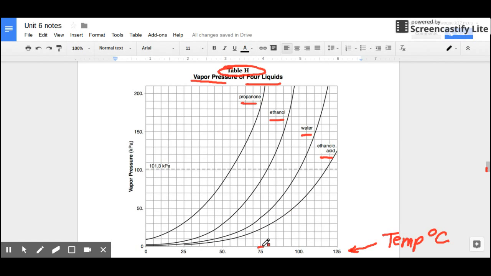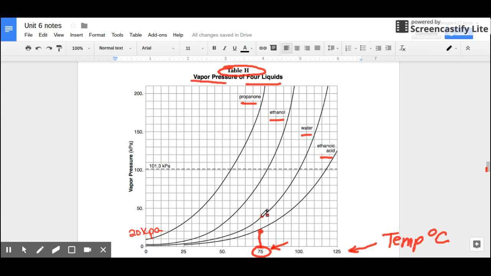So let's take 75 degrees Celsius. If you look at 75 degrees and follow it up, you'll see that ethanoic acid has a vapor pressure of 20 kilopascals. That's a unit for pressure, 20 kilopascals at 75 degrees.